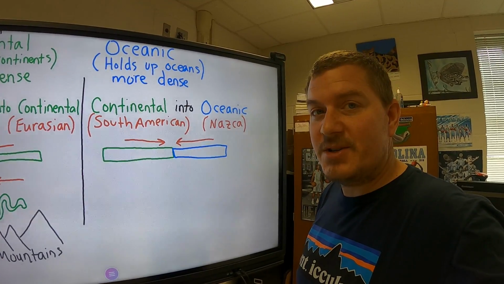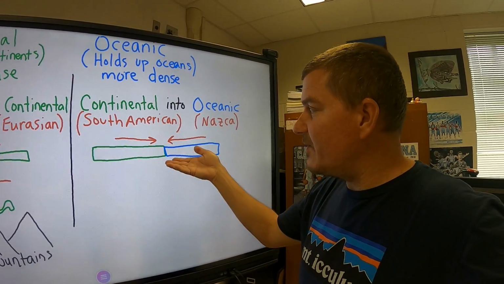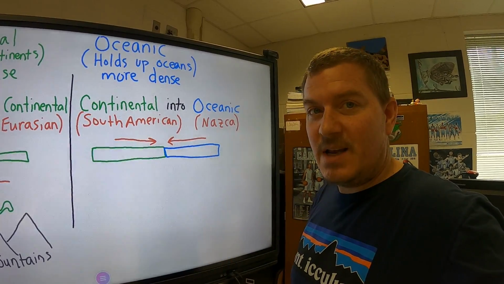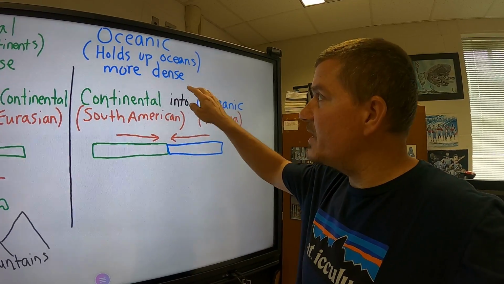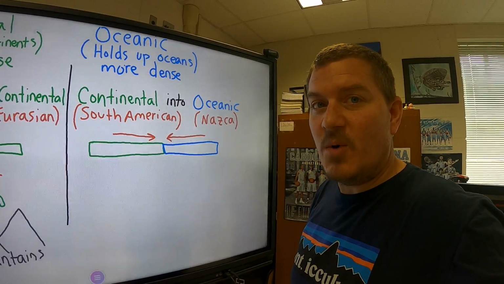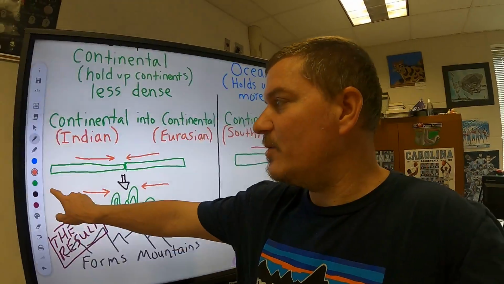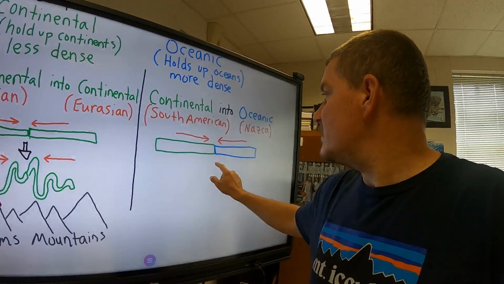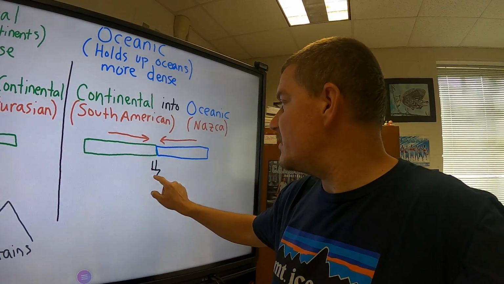So we have convergent plate boundaries. But instead of having this equal match between equal densities, since oceanic plates are more dense, plates are going to sink below less dense plates. So let's go ahead and draw in the next transition of those.